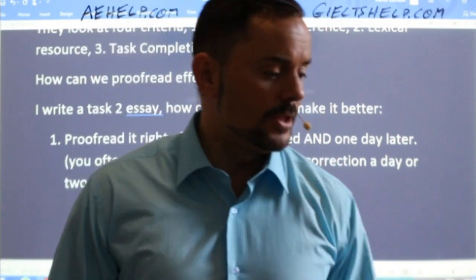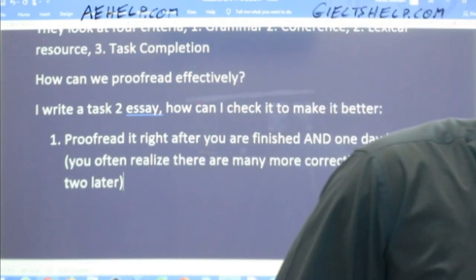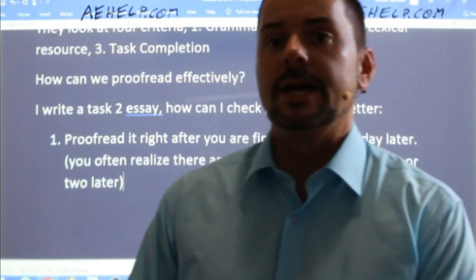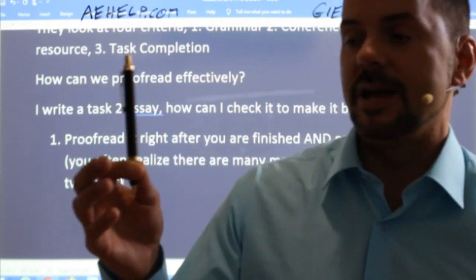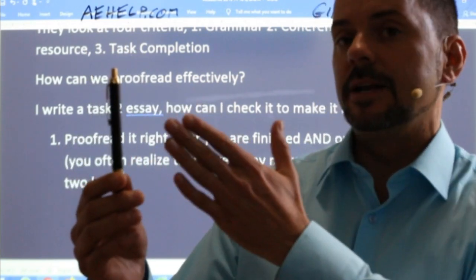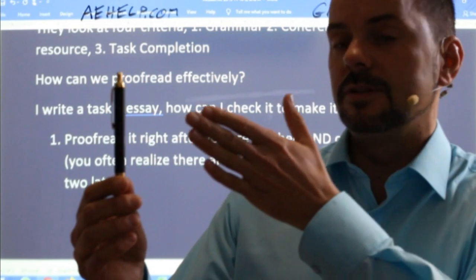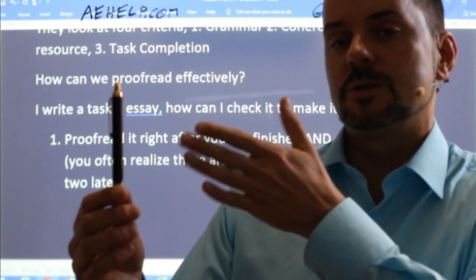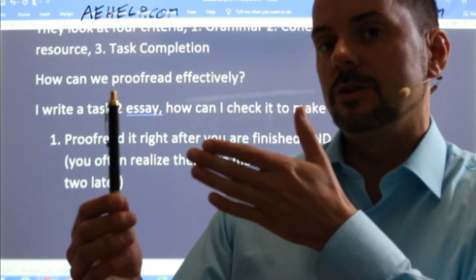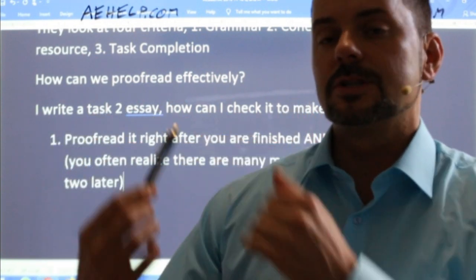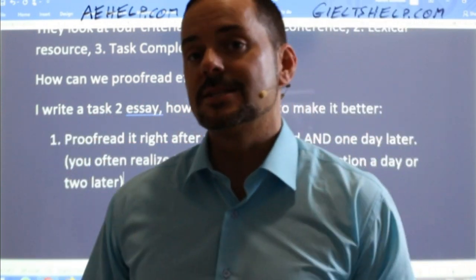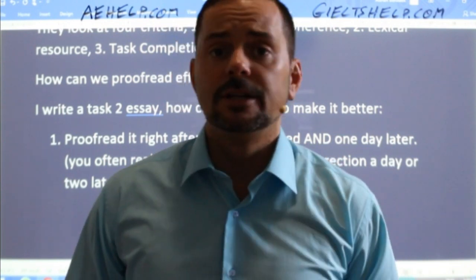Okay, the problem that we have when we look at our work right away is if we write an essay, this is our essay here, this pen, and when we look at it after we finish writing it, we have a lot of difficulty looking at it from a different perspective. But when you wait a day or two, then suddenly you start looking at your essay from different angles, and that gives you more insight into how you could have done better.